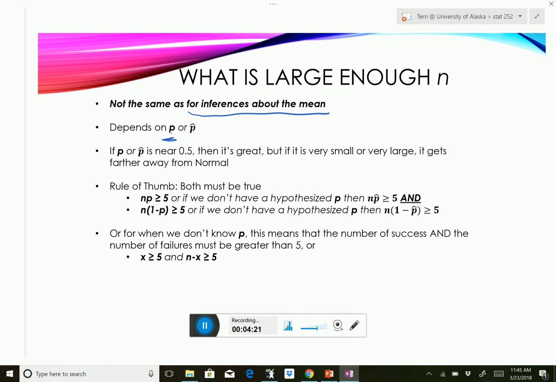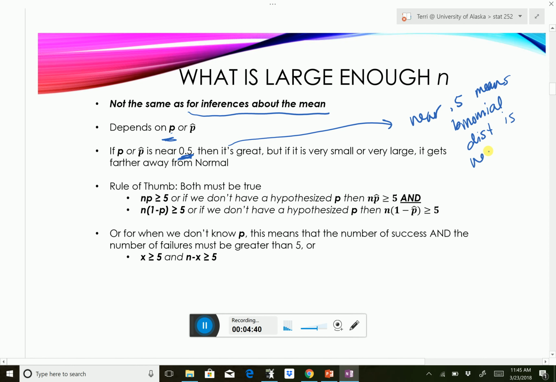So if our P or P hat is near 0.5, then remember, if this is close to 0.5, this will be very symmetrical. Near 0.5 means my binomial distribution is nearly symmetrical, so we don't have to worry quite as much about what n is.